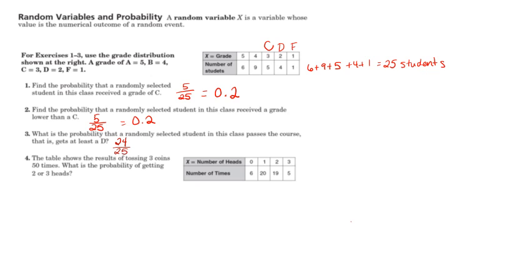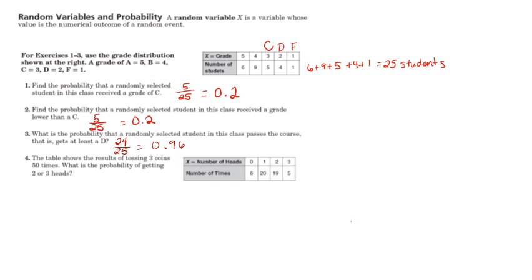So 24 out of 25, or 0.96, or that's 96% of the class. All right, so again, a random variable is just when we put a number to an event. And then we talk about the number of occurrences of that event.